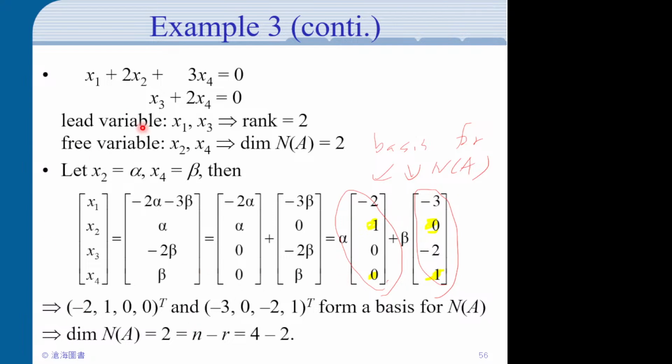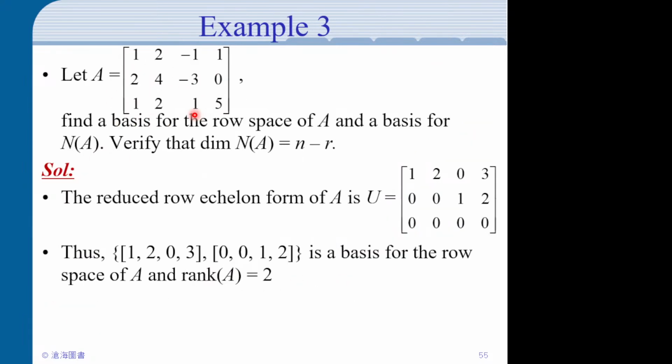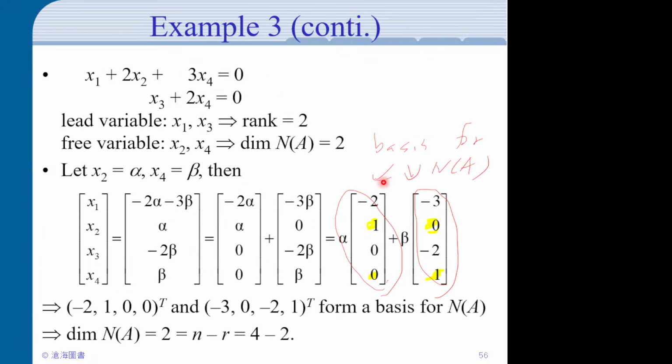So we can do the calculation here, and we see that each free variable leads to a vector inside the null space. And it's easy to see that they are linearly independent, because on the coordinates that correspond to free variables, say the first vector corresponds to the second variable, so it has a 1 here and all other vectors will have a 0 here. And similarly, the fourth variable corresponds to the second vector, so it has a 1 here and 0 here. So they are linearly independent.